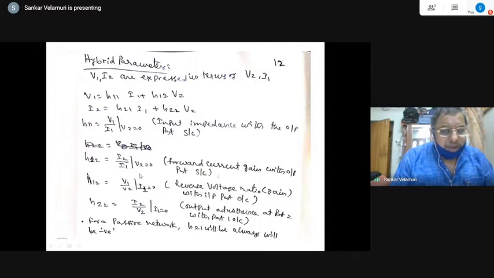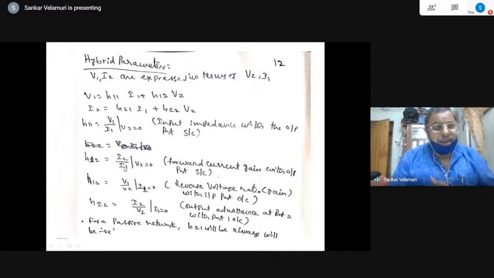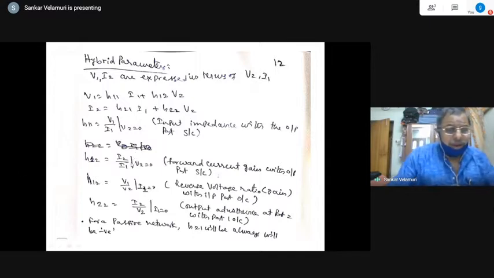Now there is one point to be mentioned, always the sign convention. I2 will be into the port by convention, but because I1 is excited and I am making the input current to be measured, the current will be away from the port. So the measurement of I2 will be away from port 2, so that value will become negative always.